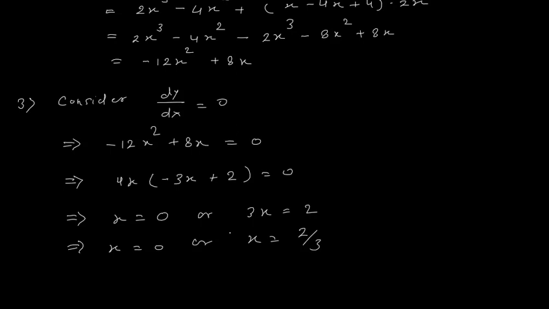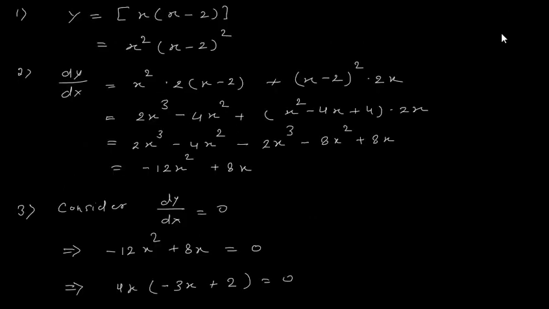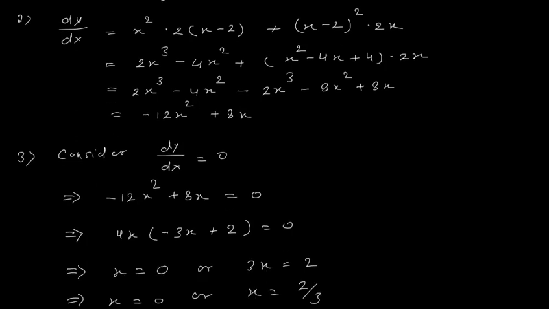Let us check again whether we have done everything correctly or there is any mistake. Okay, so here see, this sign should be plus, I have written minus, so this is plus sign. Here I have made one mistake.